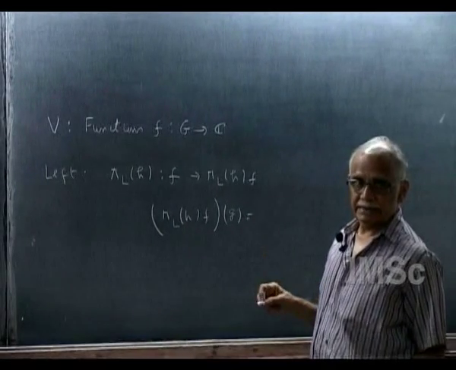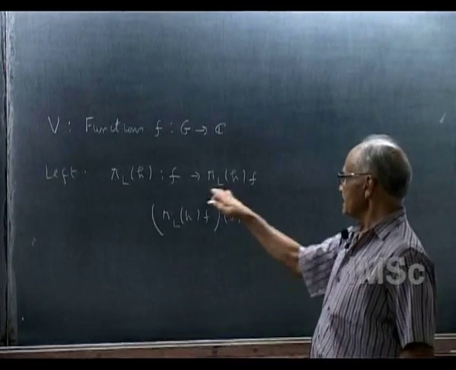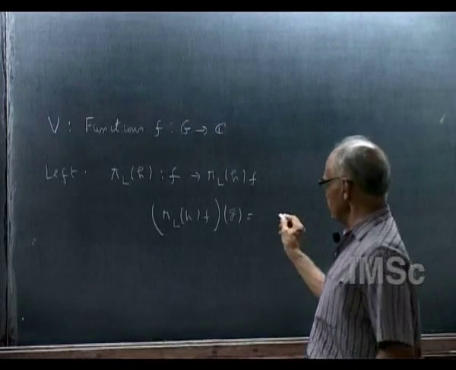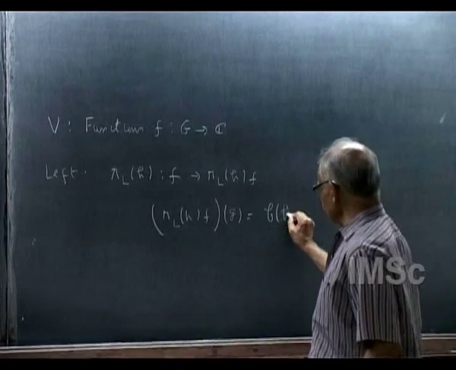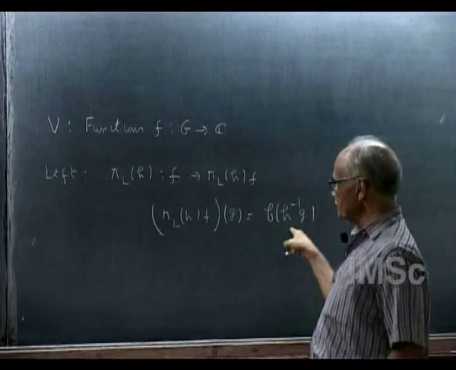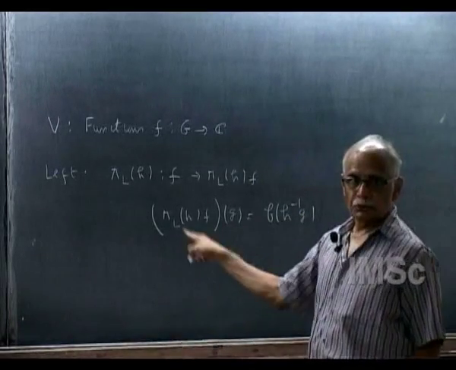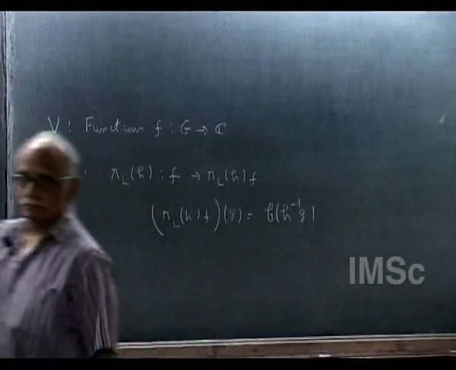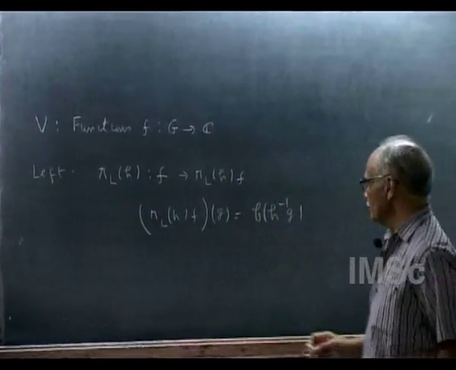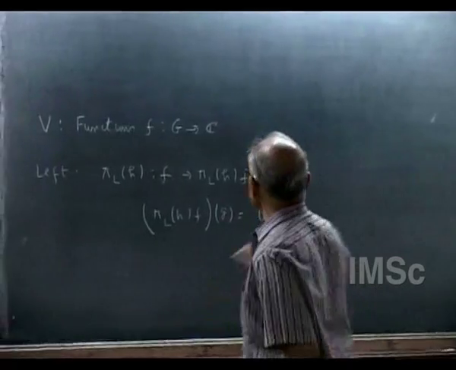We defined it last time. It is the transformed function f of h inverse g. This inverse is important, as I showed you, to preserve this equation here. Otherwise, you will get the things in the wrong order. Likewise, we define right.